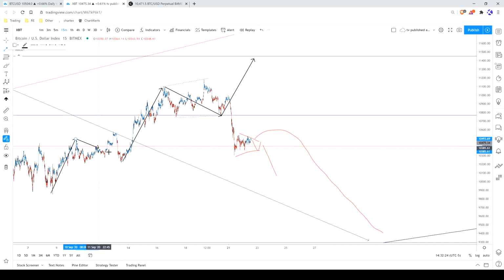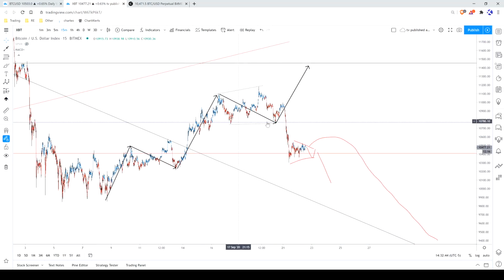Impulse, correction, impulse. So I'm not necessarily out here counting 1, 2, 3, 4, 5 like you see many Elliott wavers do. I believe that it's a much simpler idea than that. It's just impulse, correction, impulse.